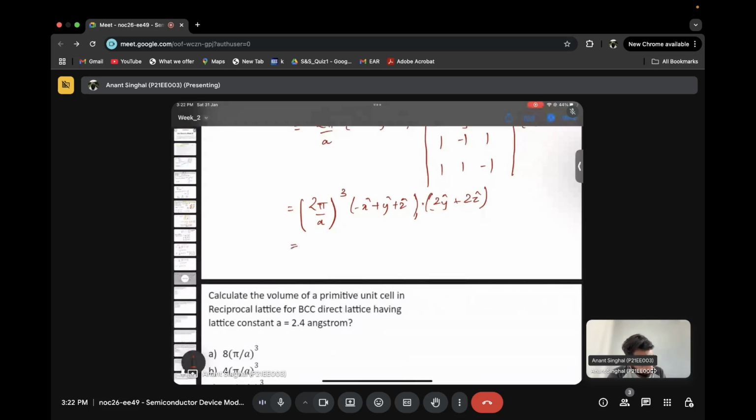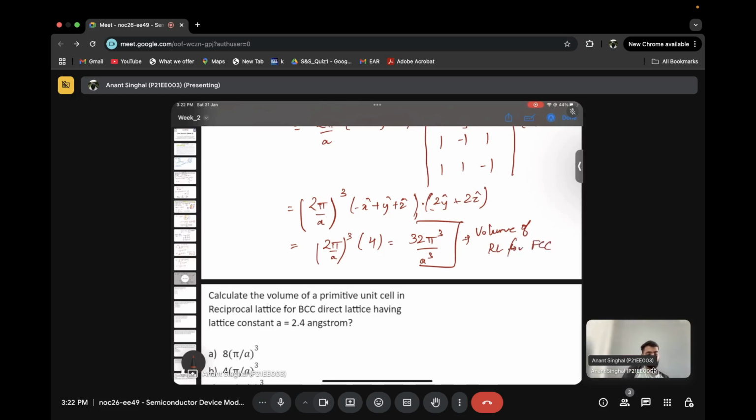So y plus y will be 2, plus 2, so 4. So it is 2 pi by a whole cube, times 4. 2 cube is 8, so 32 pi cube by a cube. So this is the volume of the reciprocal lattice for FCC.